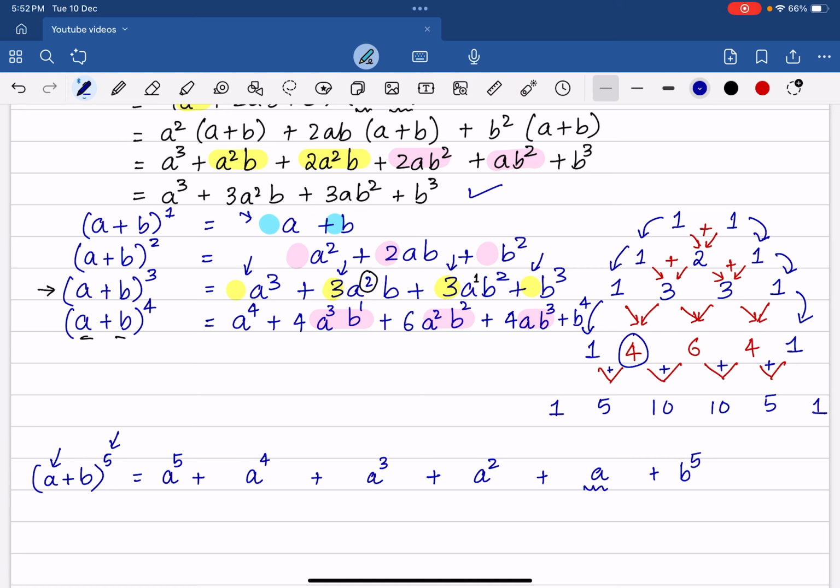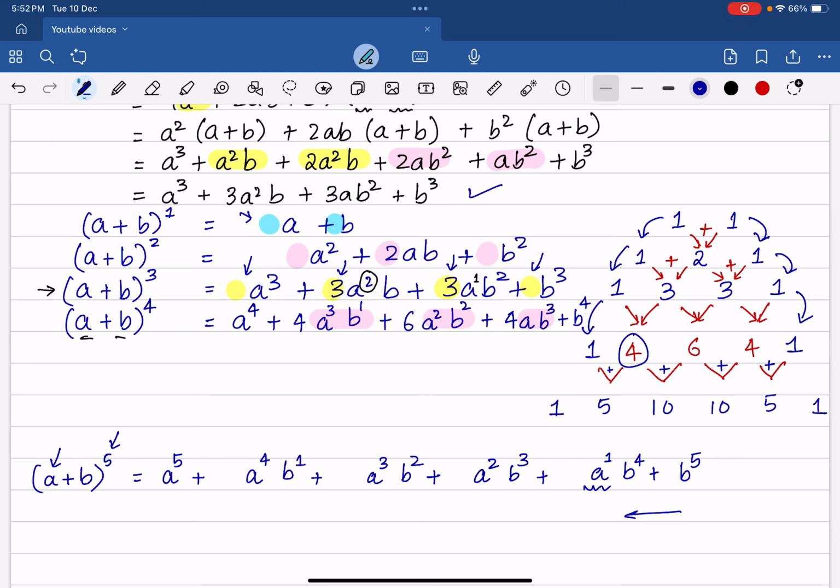See, a raised to 1 has come, after that it's going to be a raised to 0, which means b has to take the highest power over there. Now we are going to go the reverse way and decrease the power of b. This will be b raised to 4, this will be b raised to 3, 2, 1.